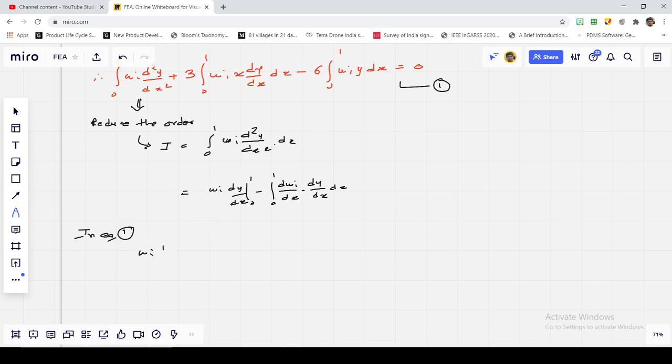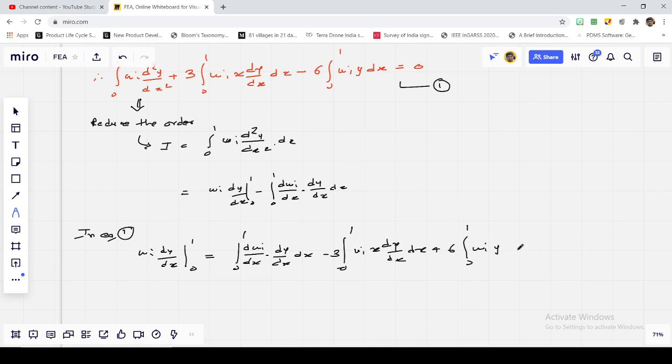So you get wi dy by dx in 0 to 1 is equal to integral 0 to 1 dwi by dx into dy by dx minus 3 integral 0 to 1 wi x dy by dx plus 6 integral 0 to 1 wi into y dx.